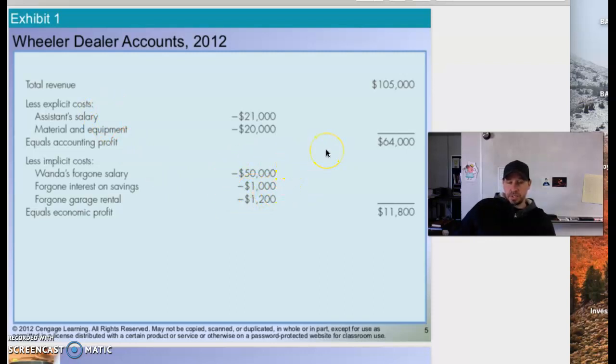So this kind of helps us understand, well, would I be better off running my own business or working my 9-to-5 job? So minus your explicit cost, that gives us an accounting profit, minus both explicit and implicit. This is what we call our economic profit. My economic profit shows here, it's positive, that she is better off, right, running her own business, this wheeler-dealer business versus staying in her current job. Okay.